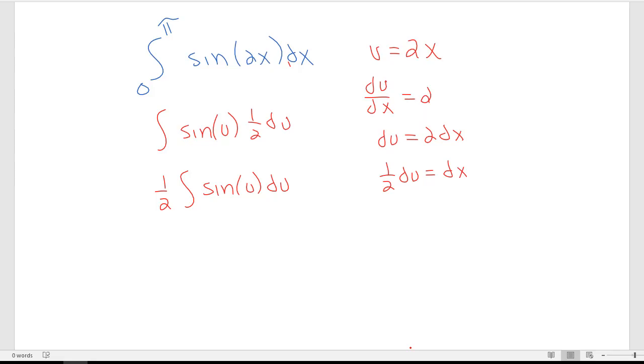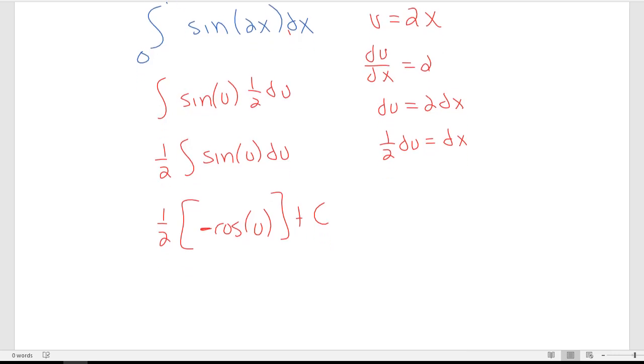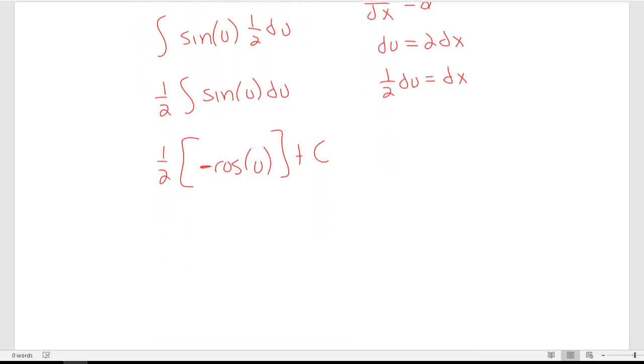In other words, I'm going to evaluate this integral in terms of u and get the answer back in terms of x. So I have my constant out front. What's the antiderivative of sine of u? It's negative cosine of u, plus c technically.